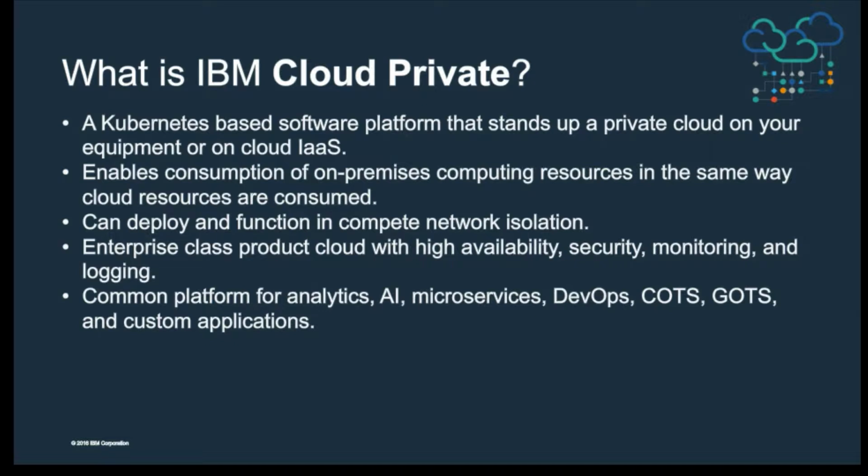In addition, this is the platform that companies are releasing software on, be it COTS, government off-the-shelf software, which is also being released as containers now. Most DevOps tool chains are catering towards containers and also being released as a container, and any custom applications too. So this is the platform of the future. When you buy software, it's going to be developed for Kubernetes to be deployed on Kubernetes. And IBM Cloud Private underlying is a Kubernetes-based platform.